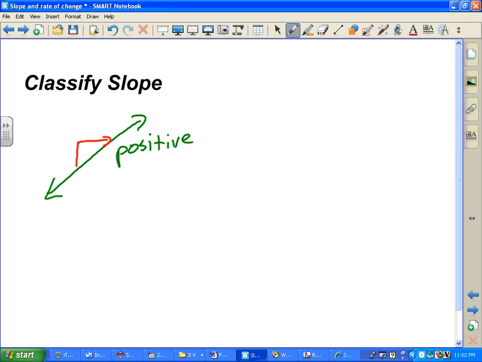If, in general, the slope is down and to the right, it is negative, because the rise is negative and the run is positive. So a negative and a positive make a negative.